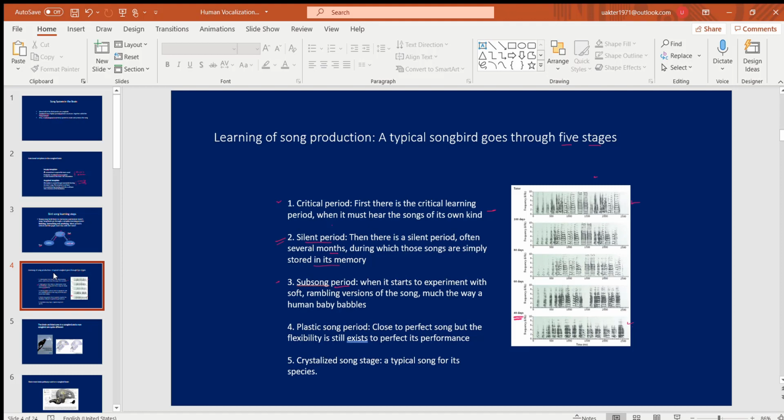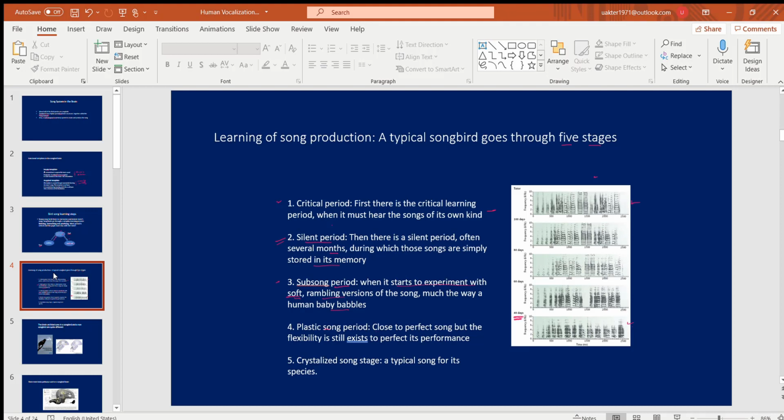During this period, the pupil or learner will start to try to produce a song based on the memory template, and at this time the song is not yet structured, kind of a soft rambling version of the song. There are some elements there, but not crystallized or structured yet. It's much the way a human baby babbles. Then the plastic song period.